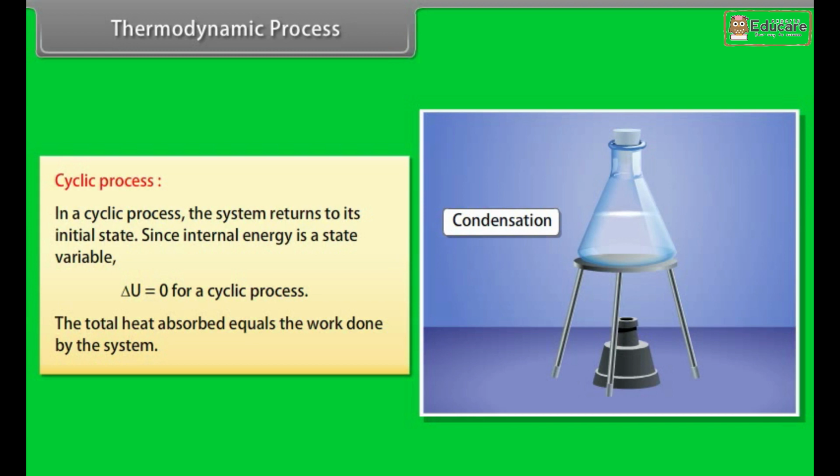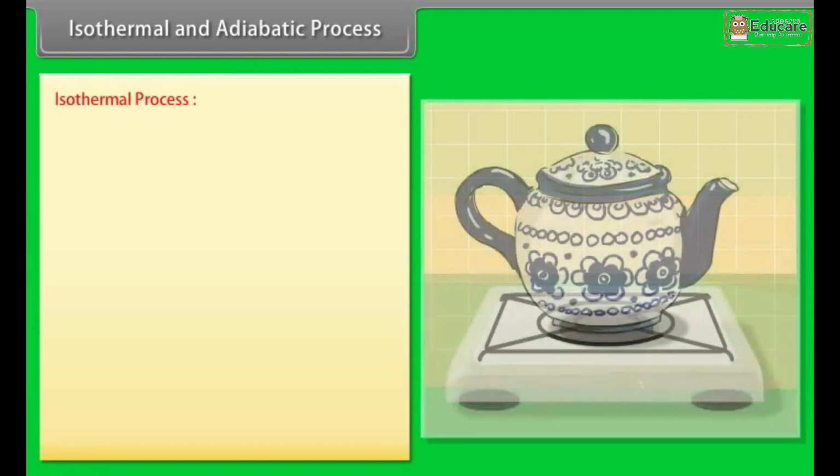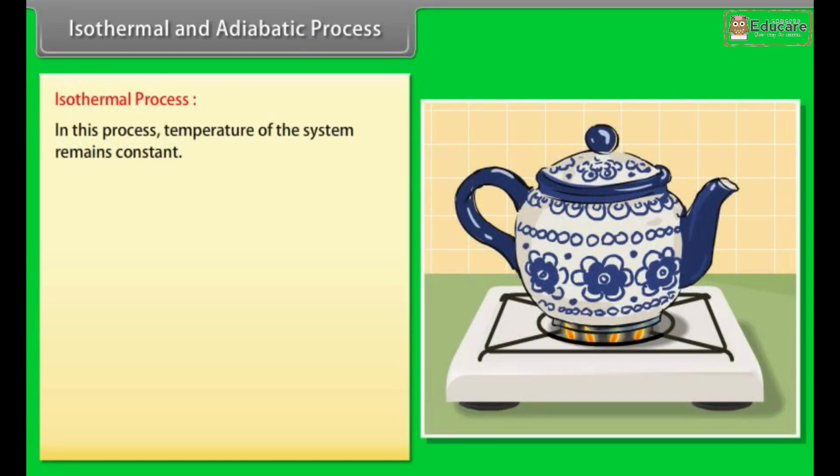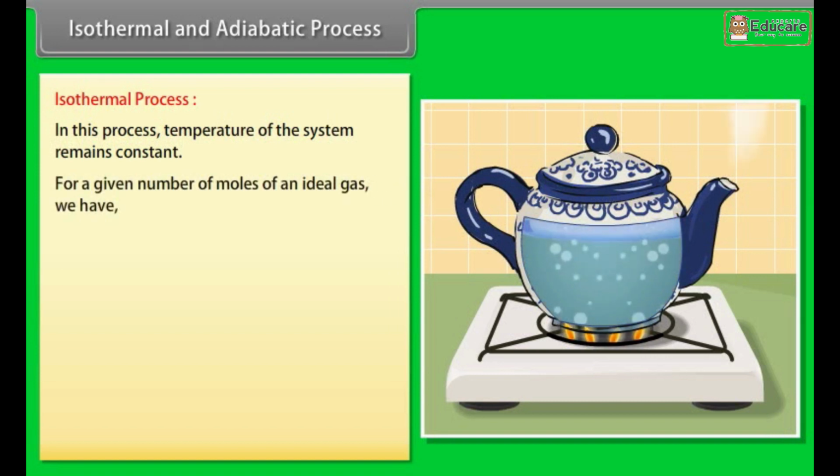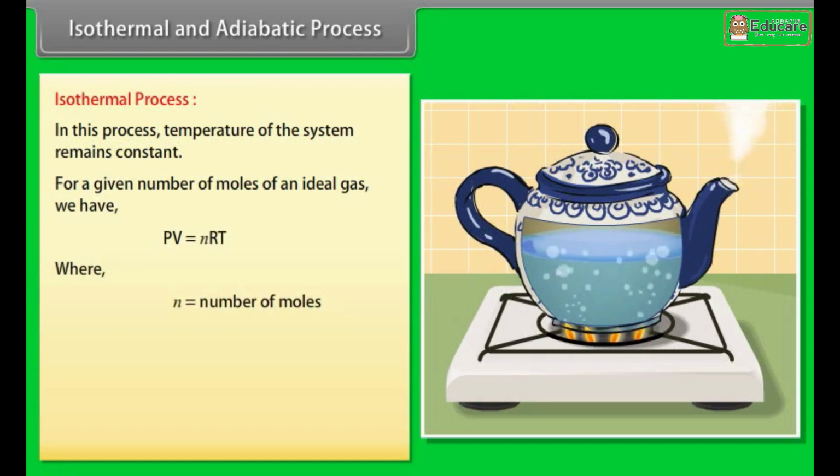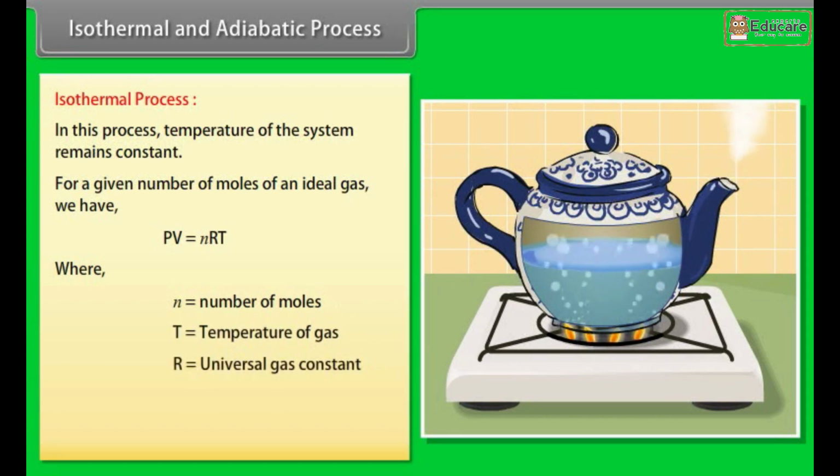Isothermal and adiabatic process. Isothermal process. In this process, temperature of the system remains constant. For a given number of moles of an ideal gas, we have PV is equal to nRT, where n is equal to number of moles, T is equal to temperature of gas, R is equal to universal gas constant.